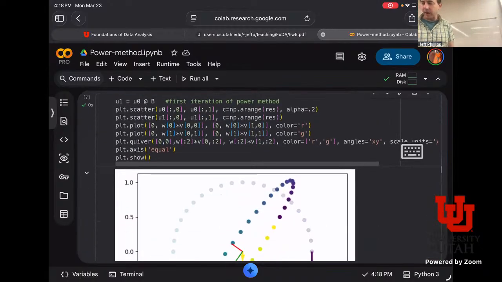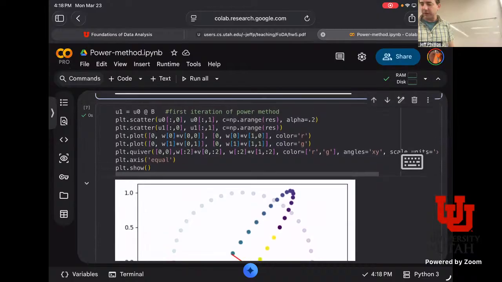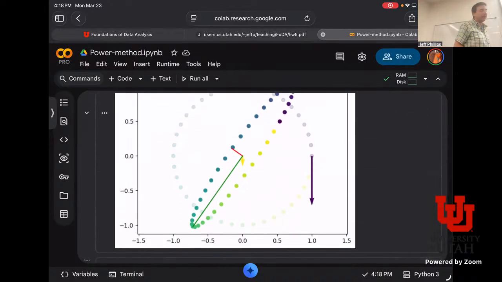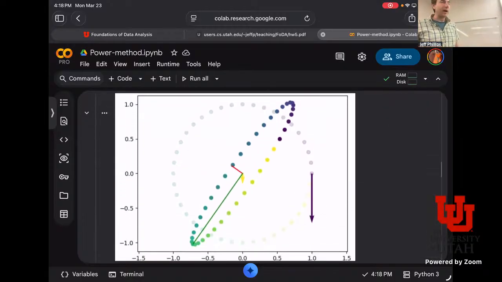And so now when I run one iteration of the power method, what's happening is that I'm multiplying by that matrix B, which is our square matrix, and it's stretching out along the first eigenvector and kind of shrinking along the second.